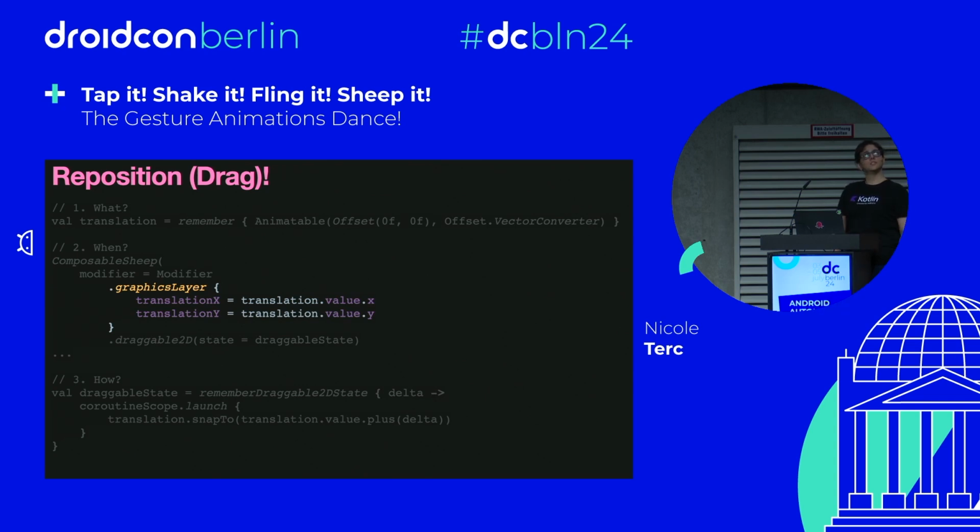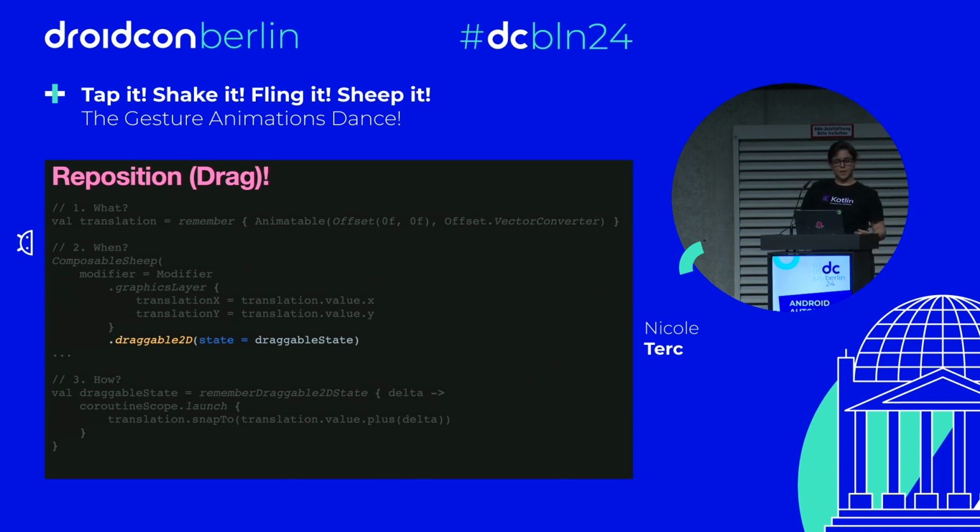Cool. Once we have this translation set, we again need to set it in our graphic layer. Don't forget this. I tend to forget to define this and just jump into the implementation of things. So remember this. And in order to make our chip draggable, the only thing we need to do is use the draggable 2D modifier. Now this draggable 2D is already going to have all the logic for calculating the dragging animation, the dragging gesture in our chip.